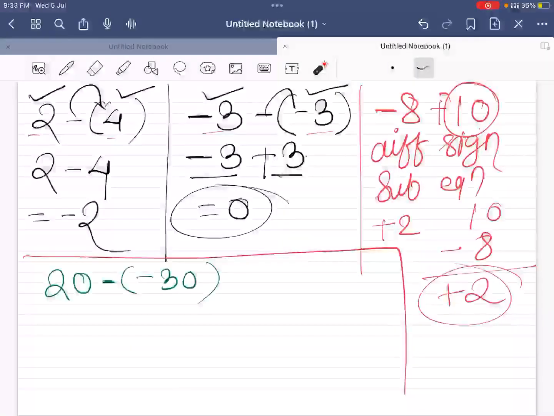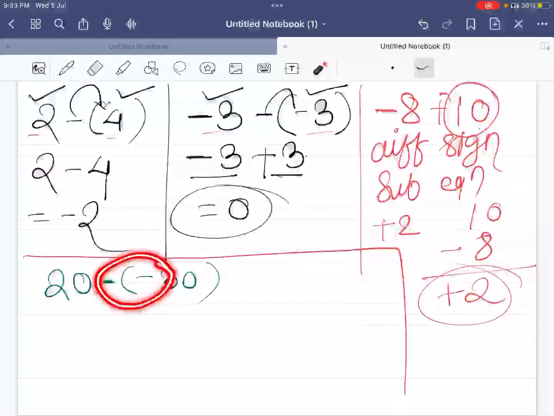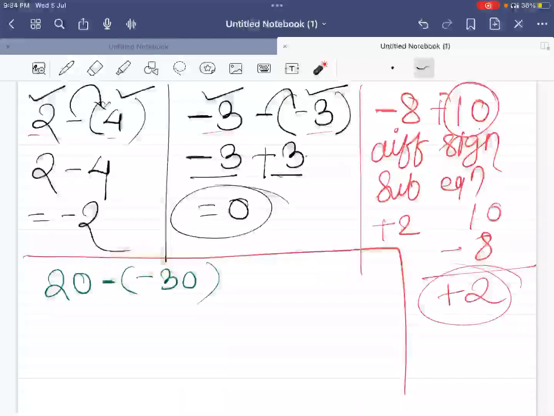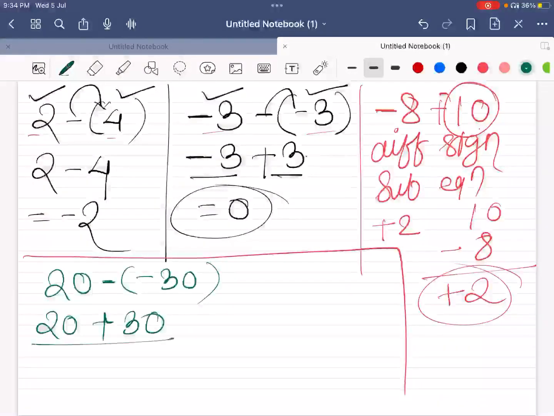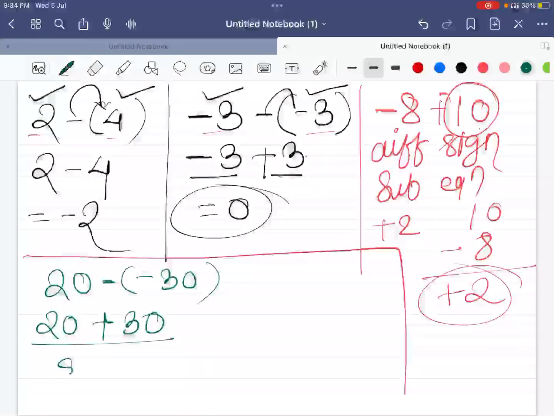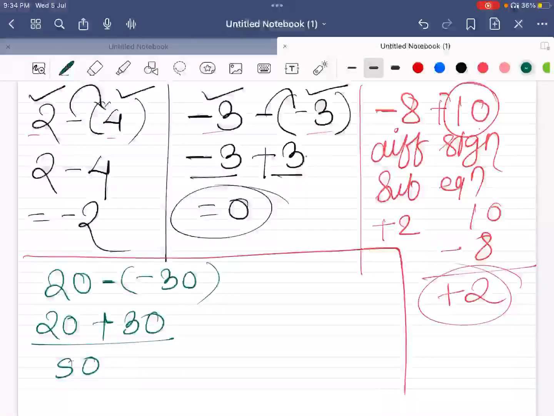So what will happen here? So similarly, first of all, we have to think about these two signs. This minus will enter into the bracket. So minus into minus becomes plus. So we have to write it like that, 20 plus 30. So simply add these two numbers, 20 plus 30, 50. Obviously, both the terms are positive, so your answer is positive.